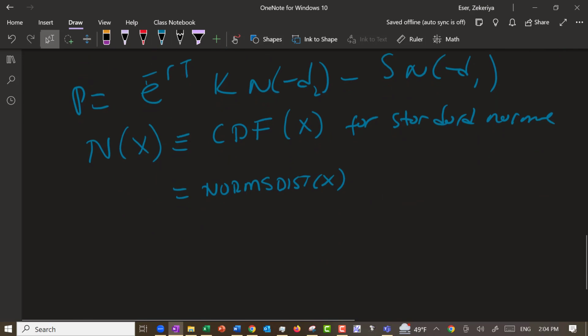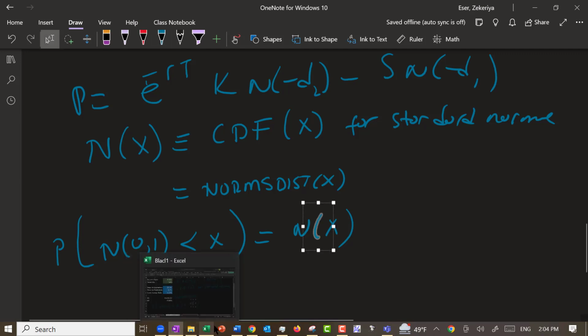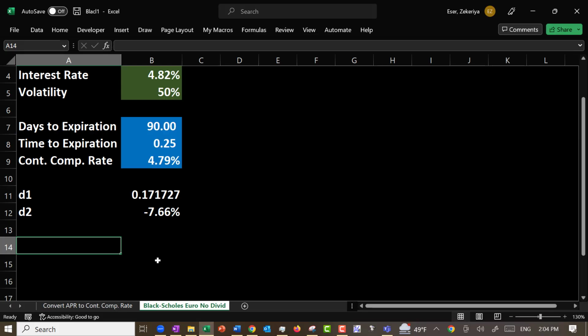This means the probability that the standard normal is less than or equal to x is N of x. Probability to the left of. That's a cumulative distribution. So I need N of D1.